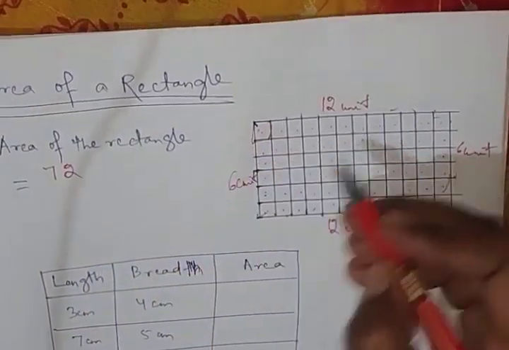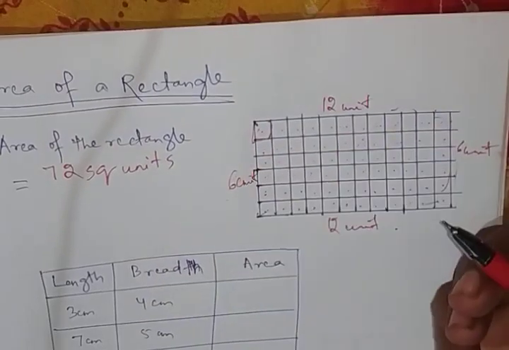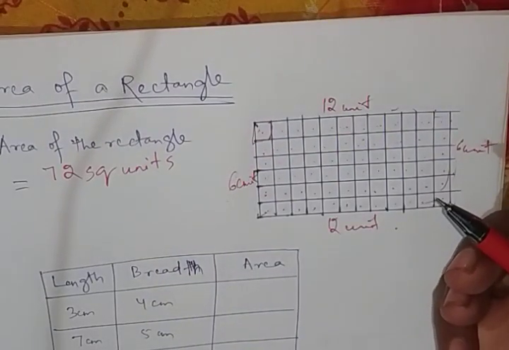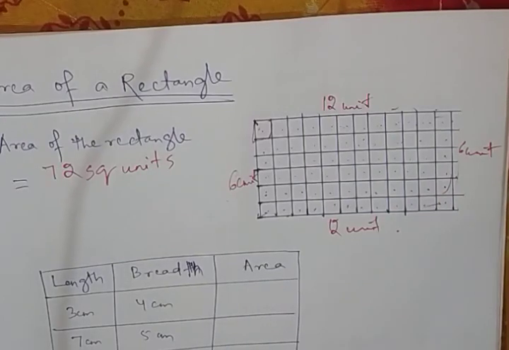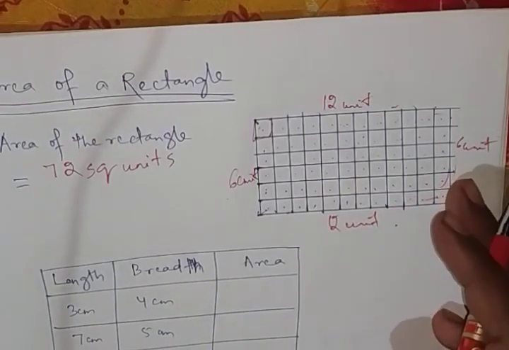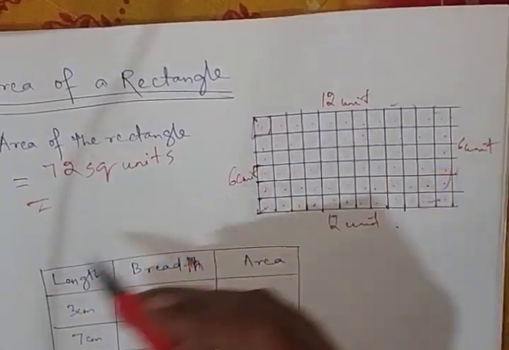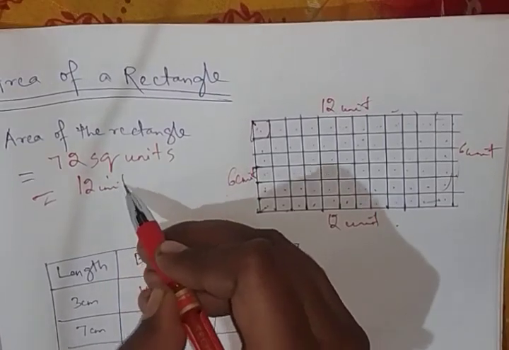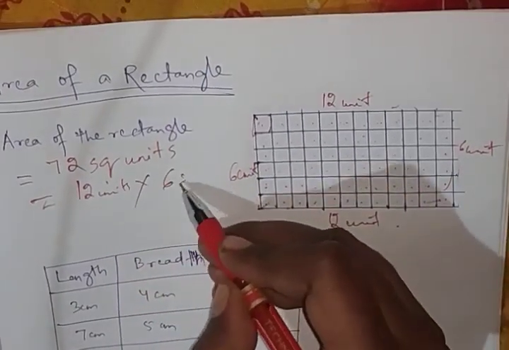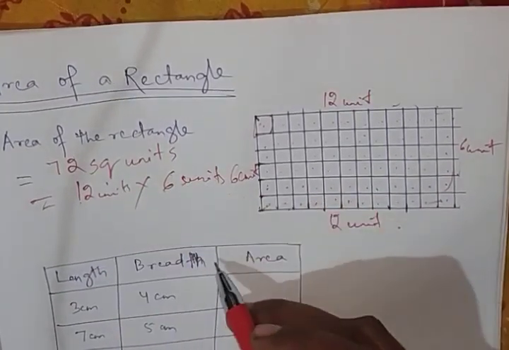So the area of this rectangle is 72 square units. Here the length and breadth are given, and you can find the area by putting it on graph paper. You can say 12 units into 6 units is 72 square units.